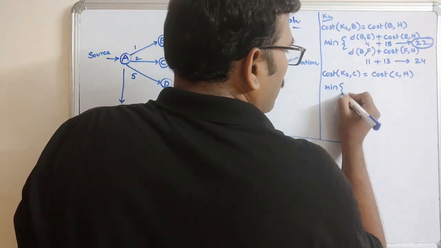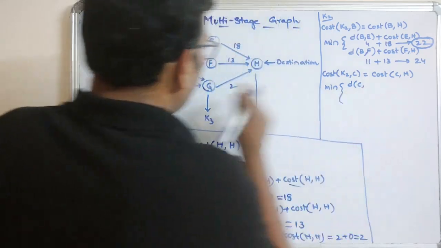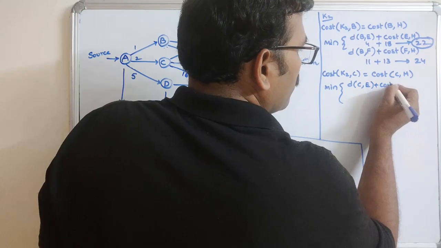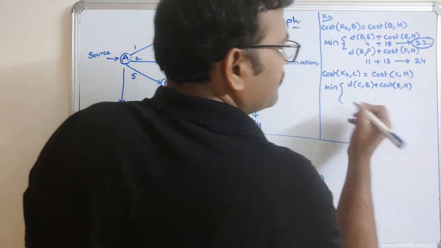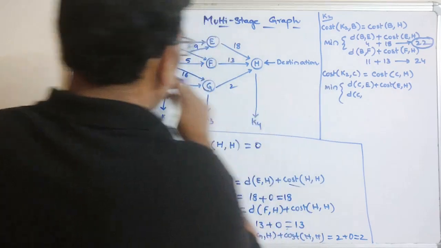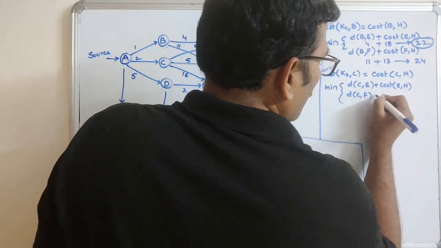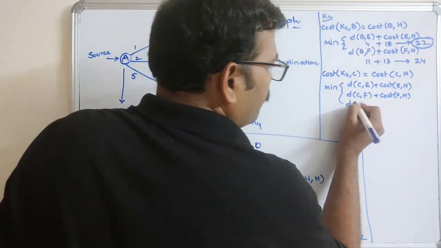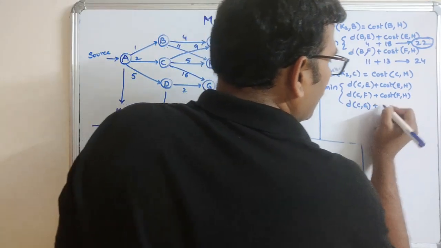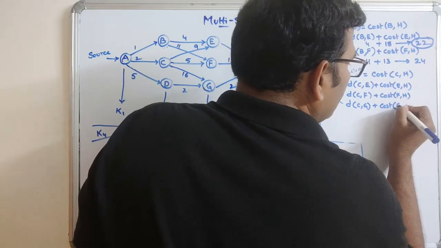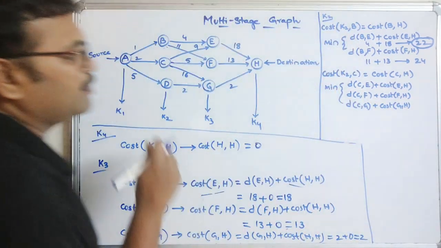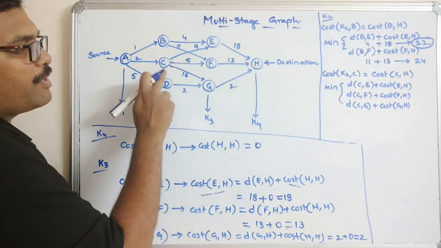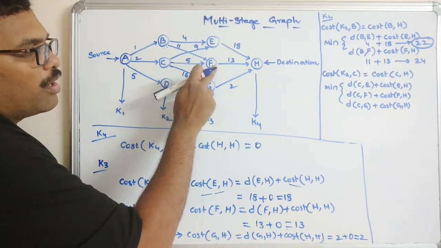So minimum of D of C to E plus cost of E to H. Similarly, D of C to F plus cost of F to H. Similarly, D of C to G plus cost of G to H. See, there are 3 outgoing edges. So we can reach H from C via E or F or G.